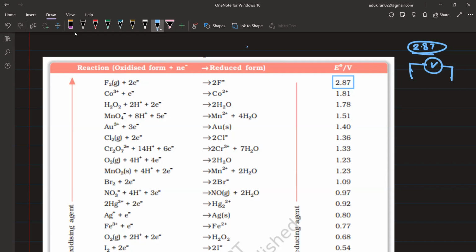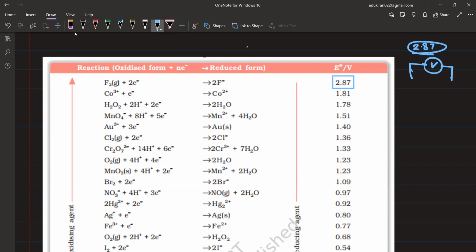Giving or taking? I hope you guys know how a voltmeter functions, right? Yes or no? So, tell me. It's taking electricity. So that means if I add a voltmeter, then it will not show any reading, right?